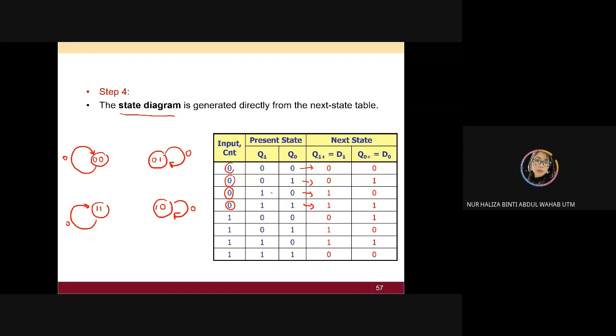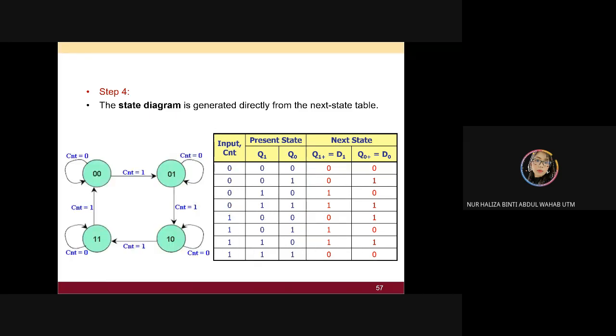Done with that part. Next, 00 moves to 01, and the condition is 1. Then 01 goes to 10, the condition is 1. 10 goes to 11, the condition is 1. And lastly, 11 goes to 00, with 1. So this is your state diagram.